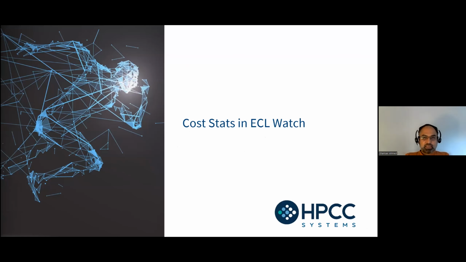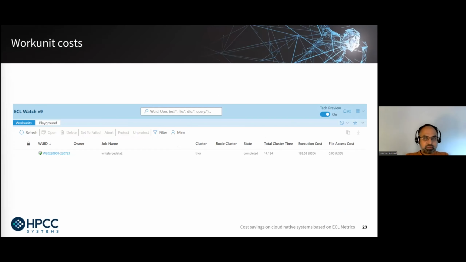Okay, cost stats in ECL Watch. So this is in the ECL Watch's work units page. You'll see that there are 2 new columns, one for execution costs and the other for file access costs.